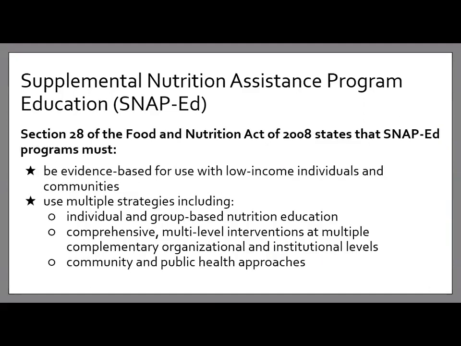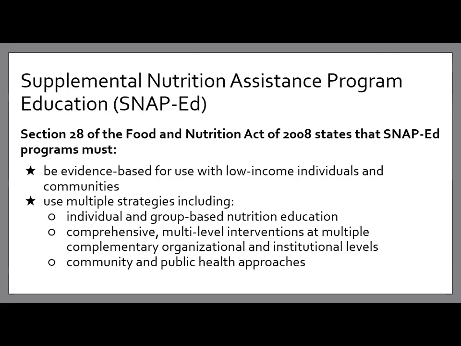Section 28 of the Food and Nutrition Act of 2008, as amended, states that SNAP-Ed programs must use interventions that are evidence-based for use with low-income individuals and communities, and use multiple strategies, including individual and group-based nutrition education, what we typically refer to as direct education, as well as comprehensive multi-level interventions at multiple complementary organizational and institutional levels, as well as community and public health approaches.